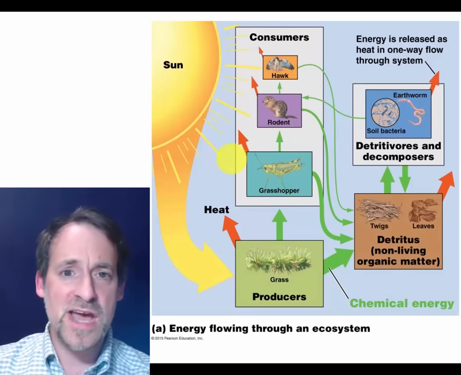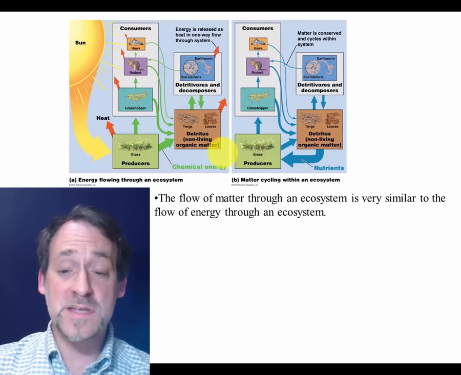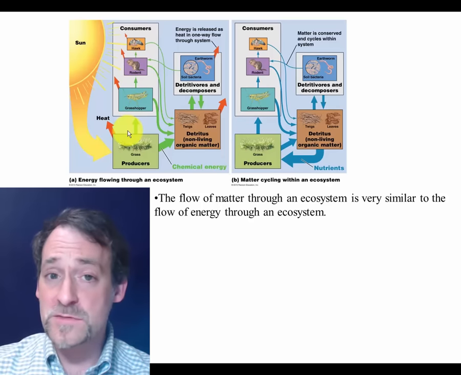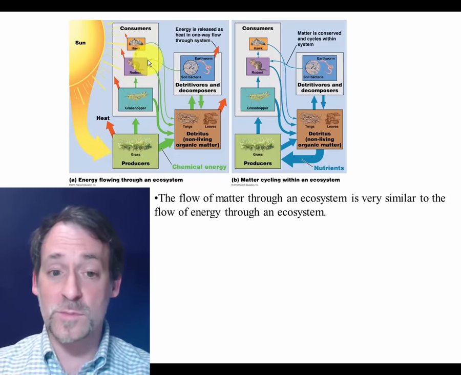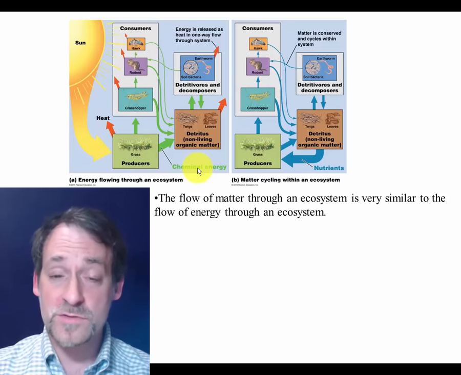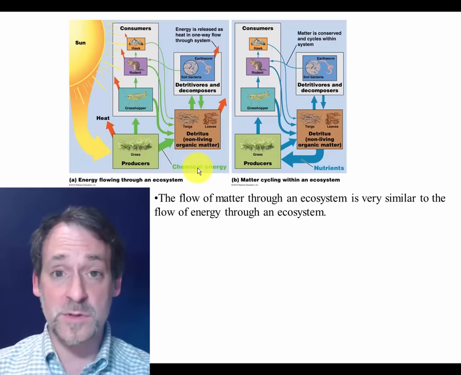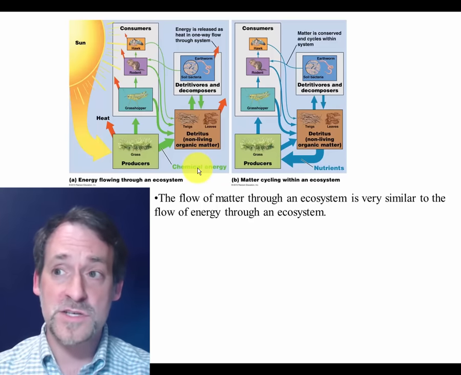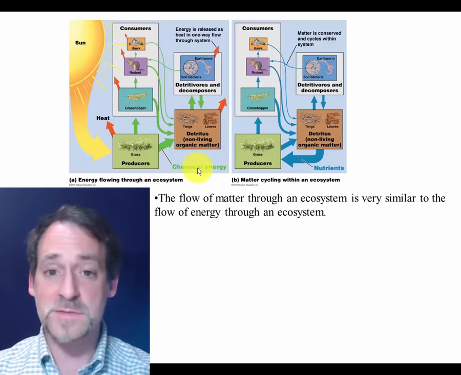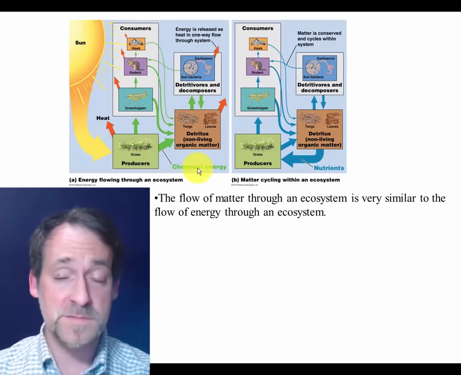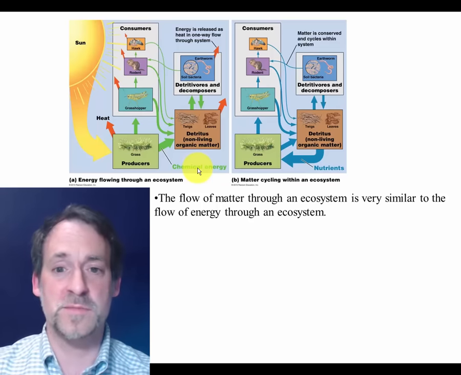Now I want to turn your attention to how matter flows through an ecosystem. And it's very similar. This makes sense, of course, because energy moves through an ecosystem in the form of chemical energy. It moves through an ecosystem stored in high energy chemical bonds. So obviously those chemicals, the atoms between which there are these chemical bonds, have to be moving in parallel through the ecosystem in the same way.